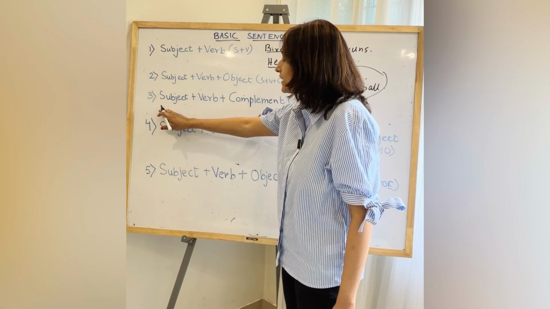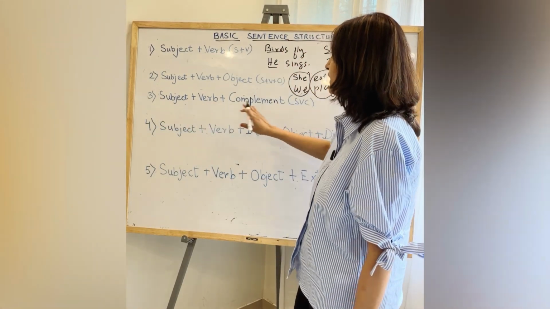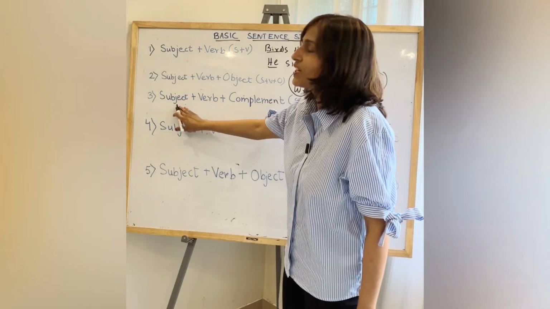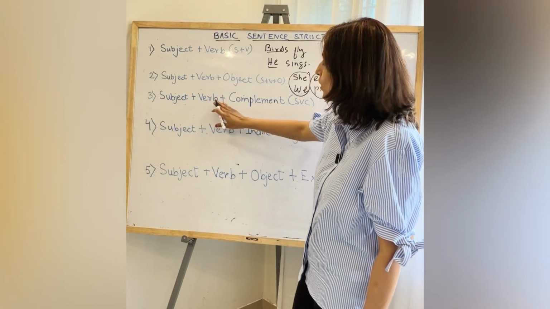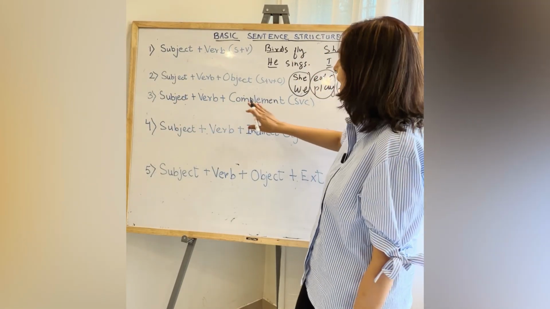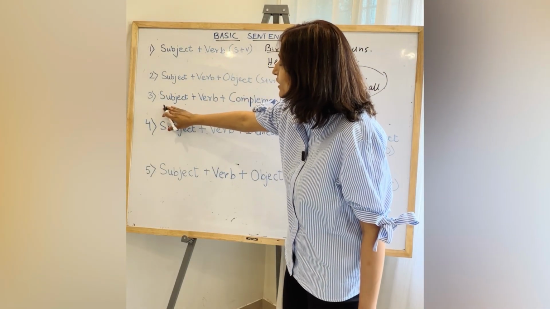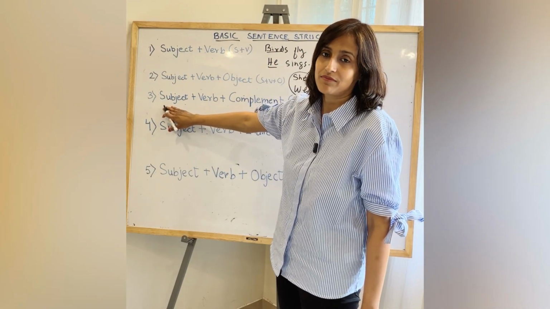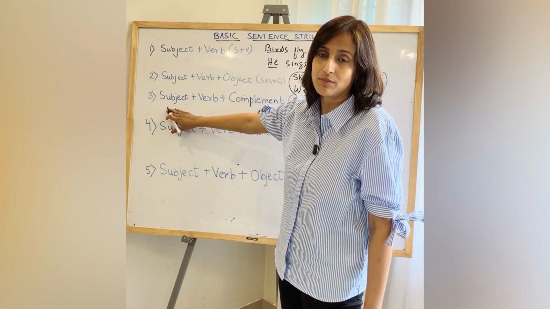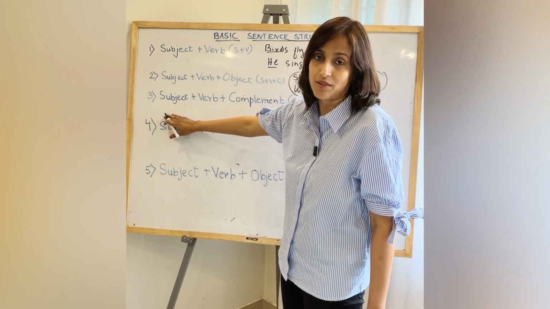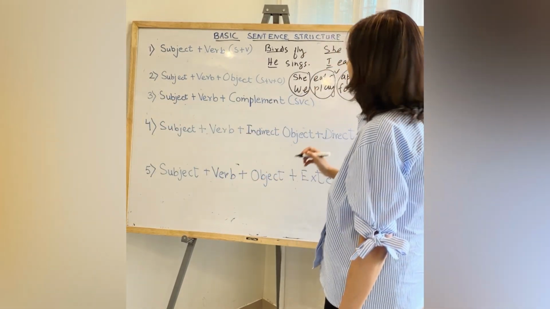Now, the third category is subject, verb, and complement. Subject is the doer of the action, verb is the action being performed, and complement is the extra information about the subject. It tells us more about the subject or it gives a complement to the subject. Let's take an example.